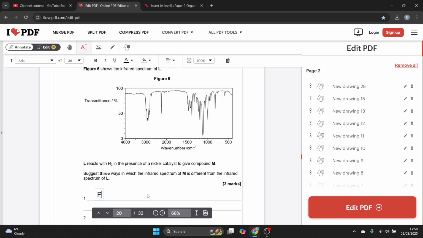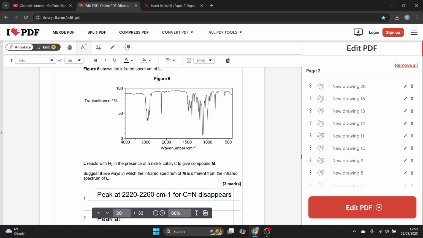So the peak at 2220 to 2260 centimeters to the power minus 1 for the C triple bond N disappears.